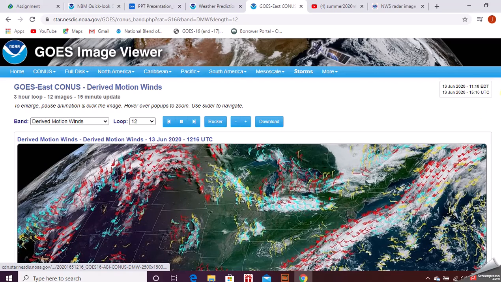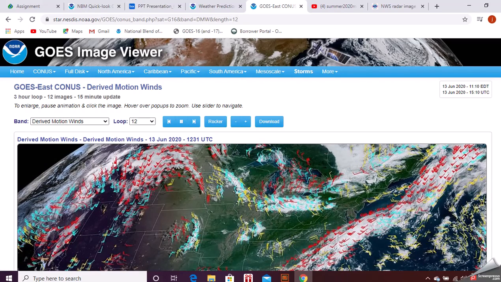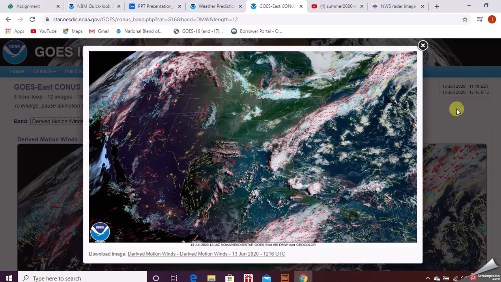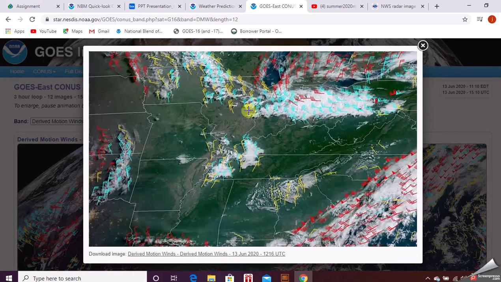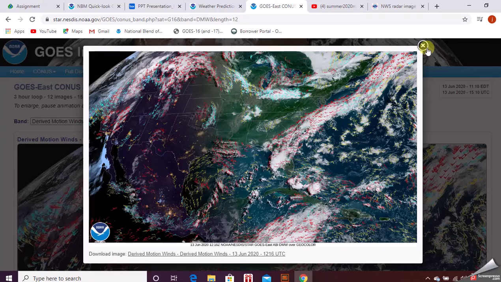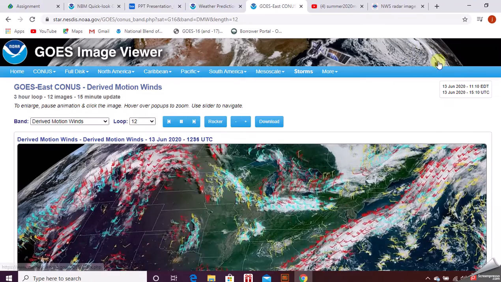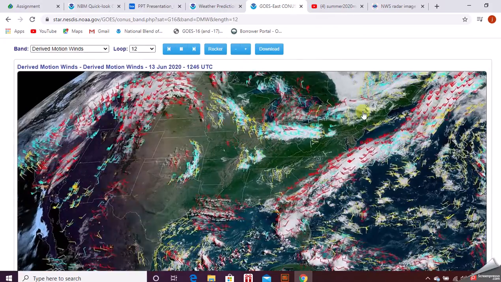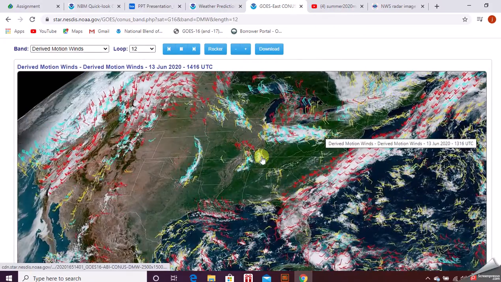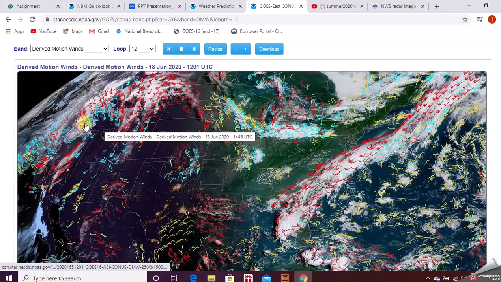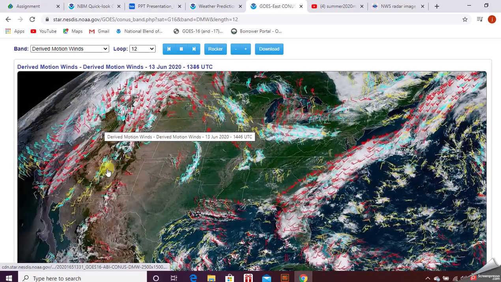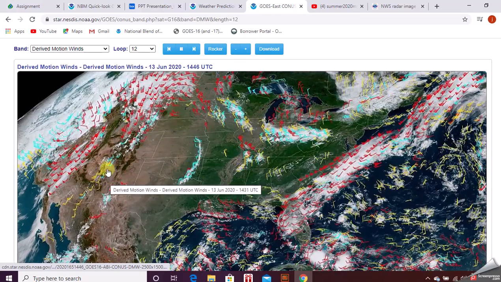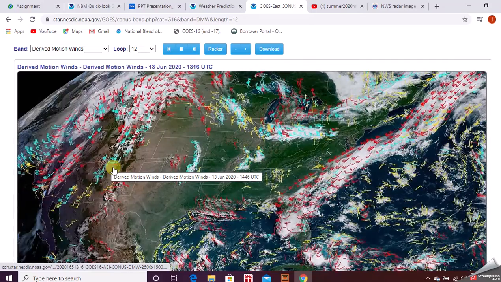One of the other things satellites do for you is you can measure winds. These winds are at different elevations. The red ones are relatively high up in the sky. The yellow ones are partway up, and the white ones are about near the ground.